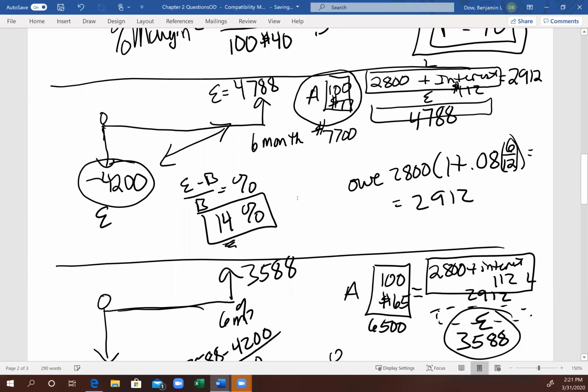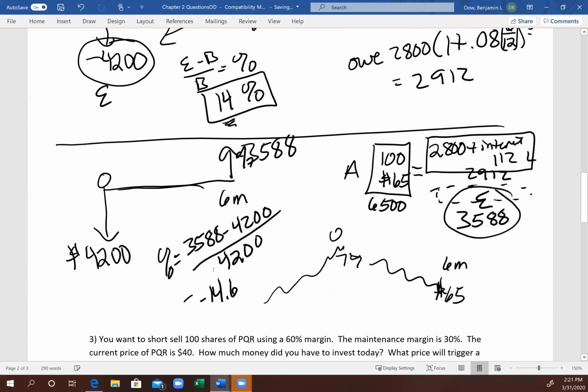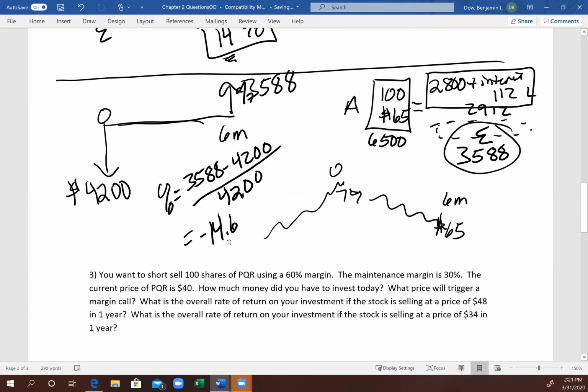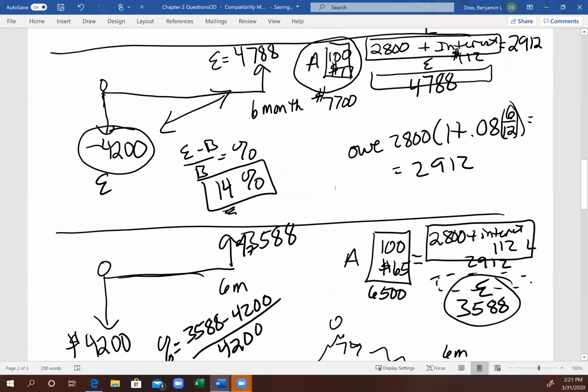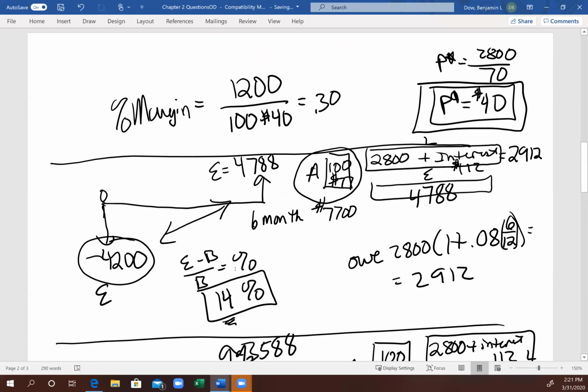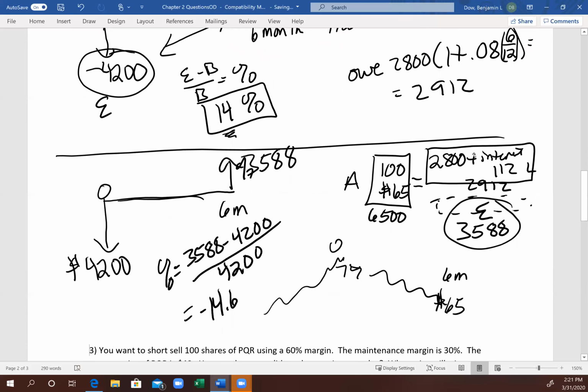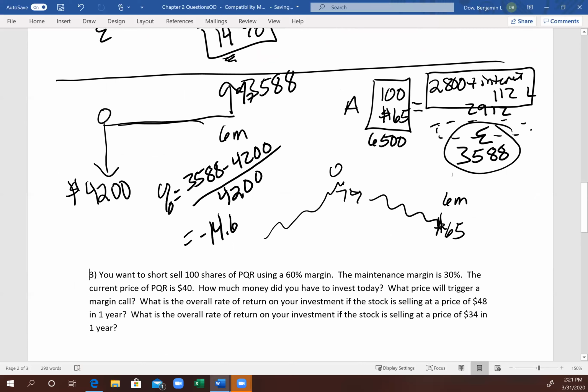So we went from $70. Here we only dropped $5 and we lost 14.6%. Here it went up $7 and we gained 14%. That's because when the stock drops, not only you get the leverage part of the magnification of the loss, but you also get the interest on the loan as well.